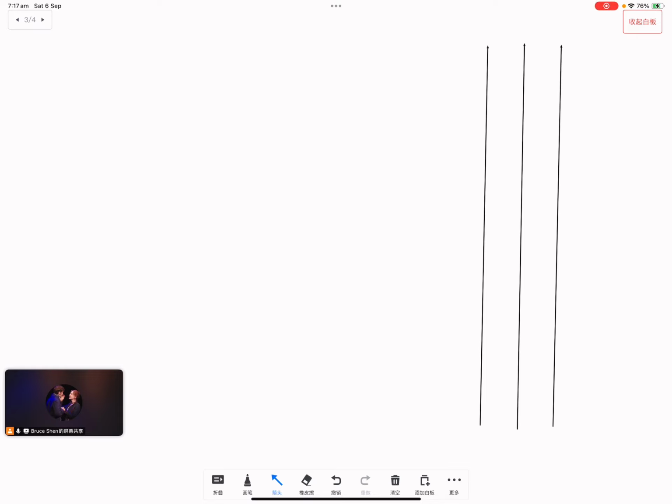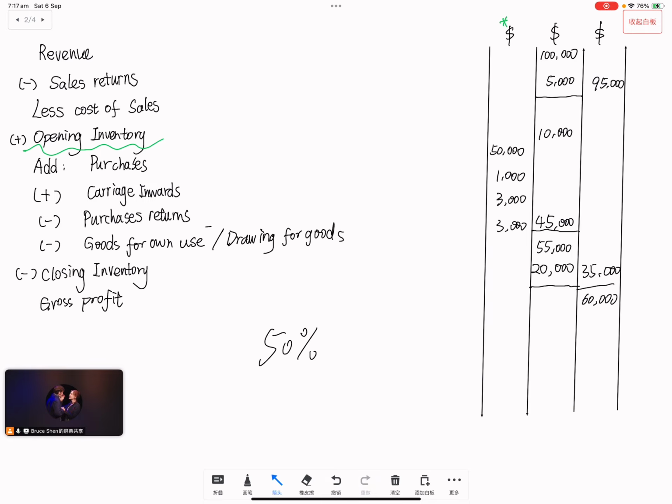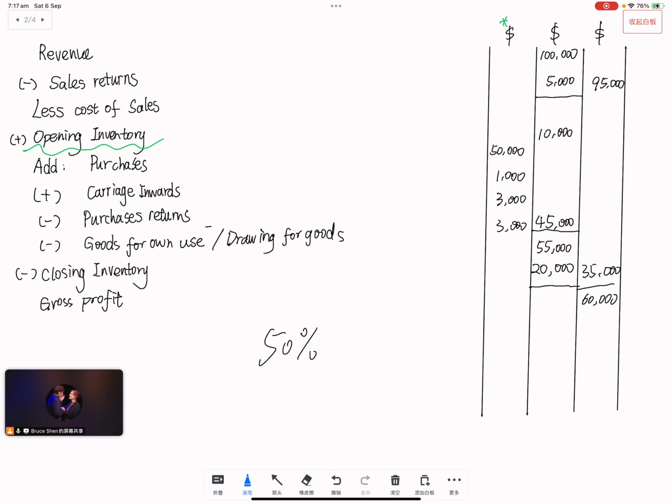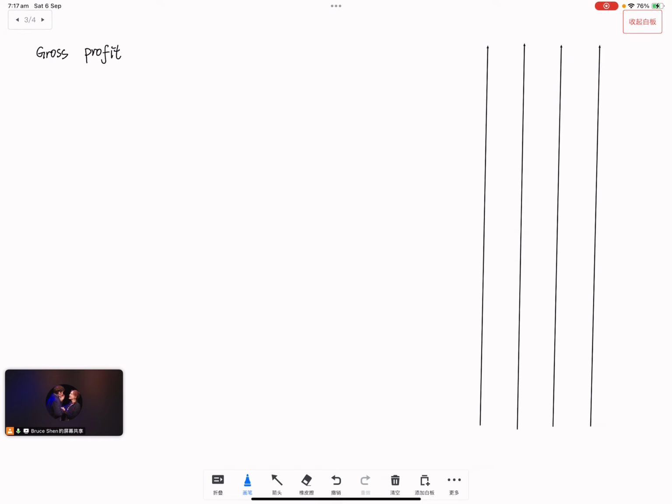Okay, still 3 columns. We get a figure gross profit here. From where can we get gross profit? We get gross profit at the last column. It's 60,000.